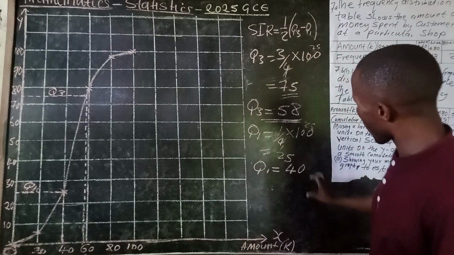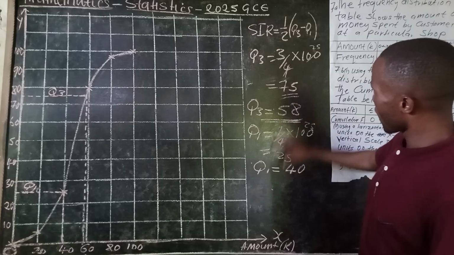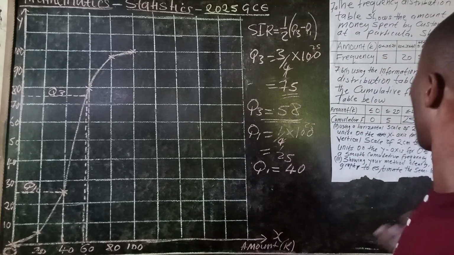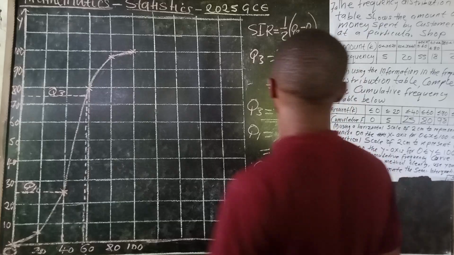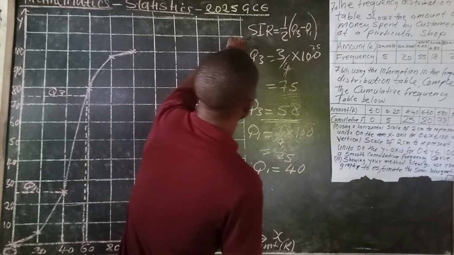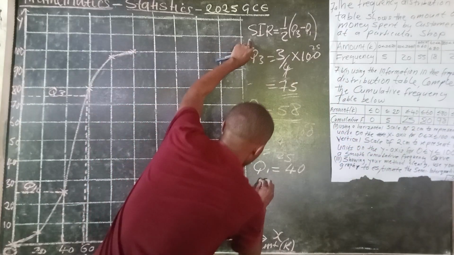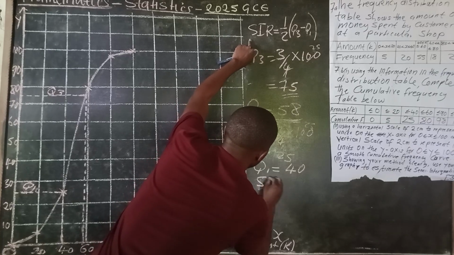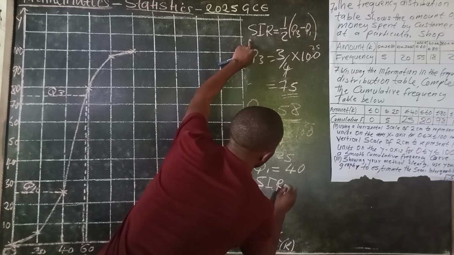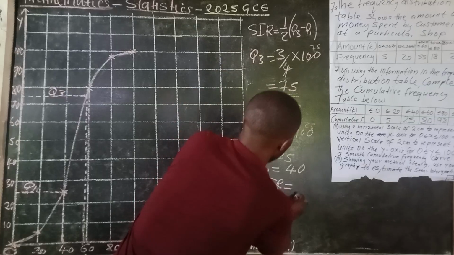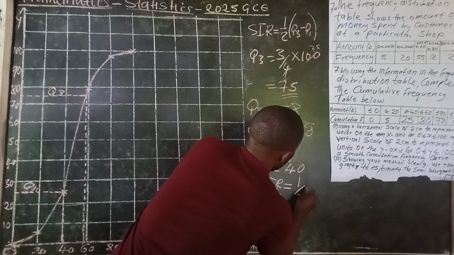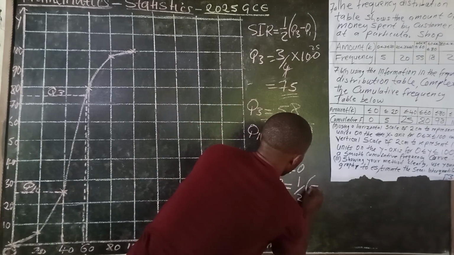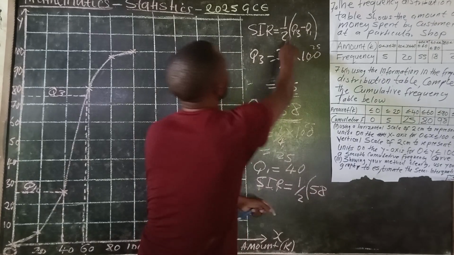Now that we have upper quartile and lower quartile in place, it will be very easy for us to complete the question according to the way they've asked it. So you just get back to the same formula. Semi-interquartile range is equal to half, then upper quartile is 58, so you write 58 there.